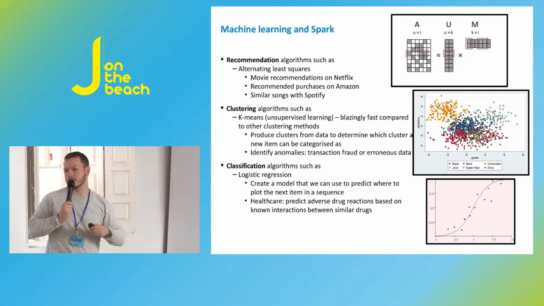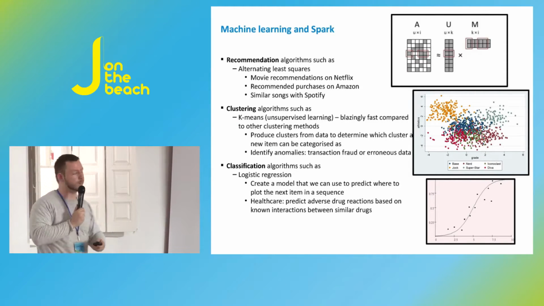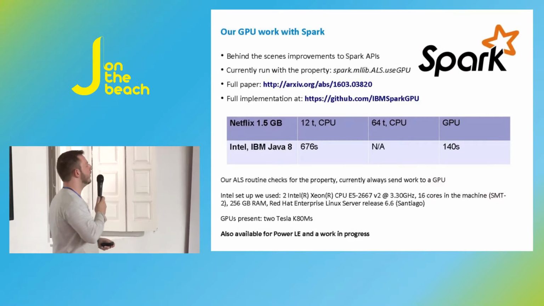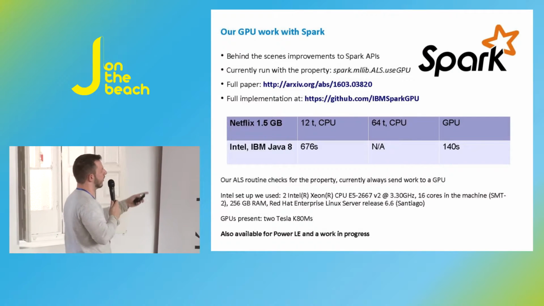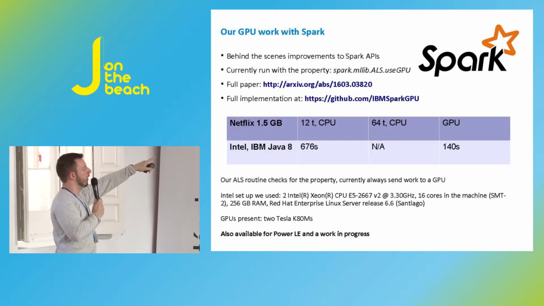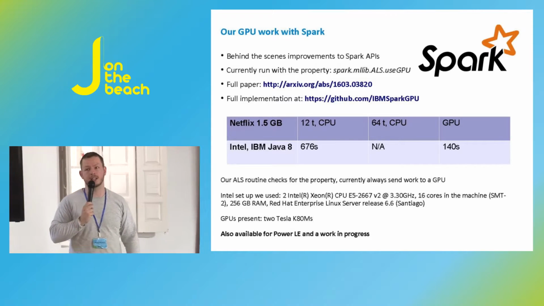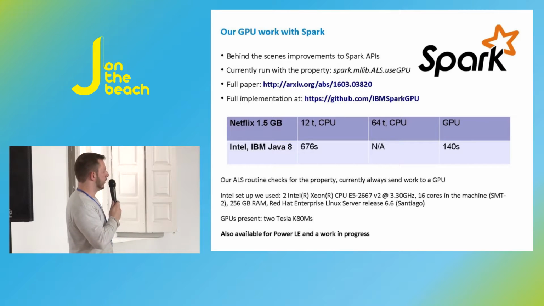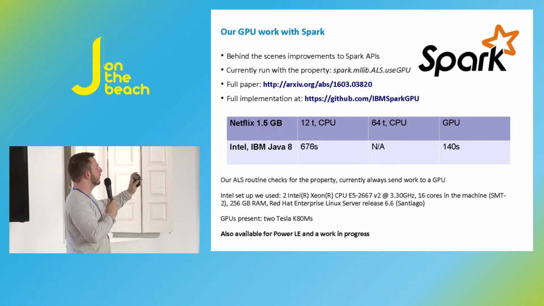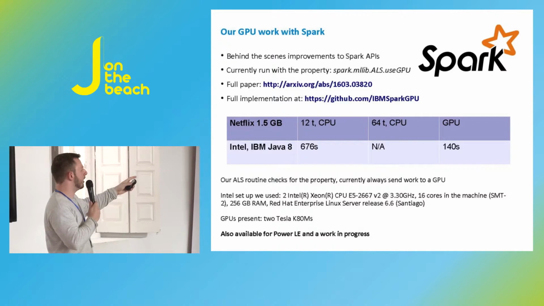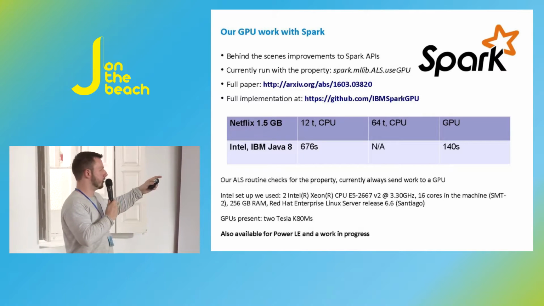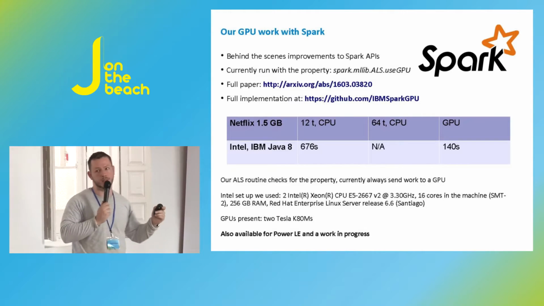Now that's where your CPU gets used, or your GPU. What we've done is all open source. We've got an implementation on GitHub at this link. We've taken a well-known benchmark, a Netflix benchmark. It's not much data, to be honest, 1.5 gig. But we've shown that versus Intel hardware, we're around 4 times faster when we just use 1 GPU.